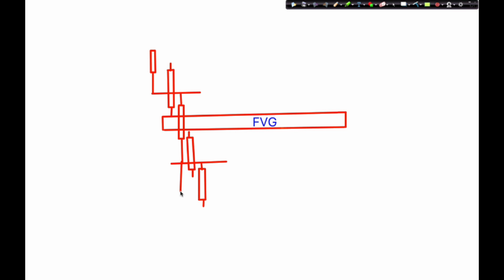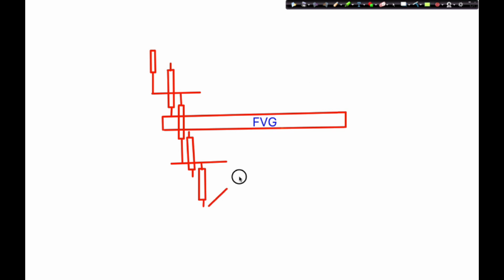Now, having realized that we have a gap, this gap usually works as a magnet. The market has to always come and fill this gap before it continues downwards. There are rare cases whereby it will come and fill it, but then comes back up. I'm not saying that it can't happen.